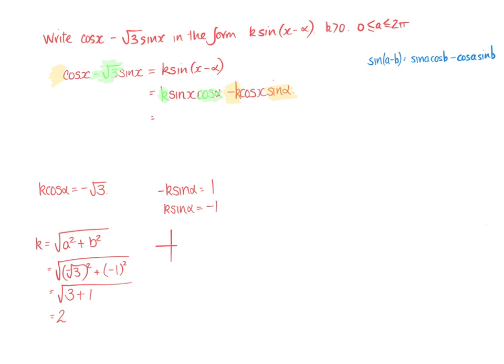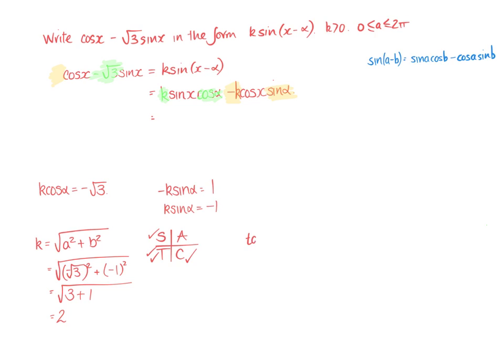And then our cast diagram is going to have to come out for this one. ASTC, Amanda says trig is cool, that's the way I write it. So we know that k sine of alpha is negative, so that's got to be these two quadrants. And we know that k cos of alpha is also negative, so that's got to be those two quadrants. Okay, and this is the kind of question that we're going to be doing without a calculator.